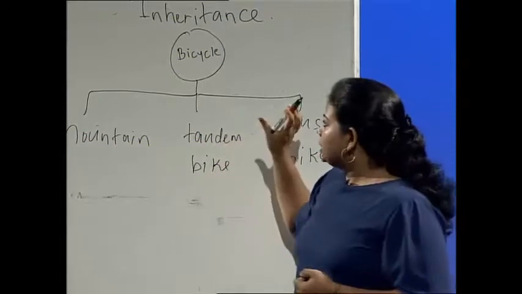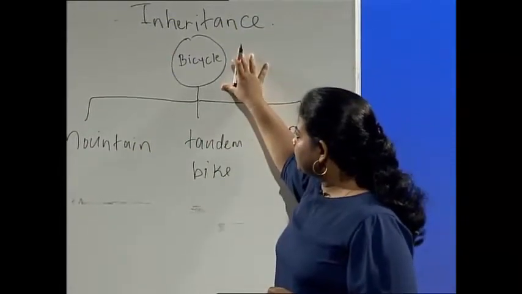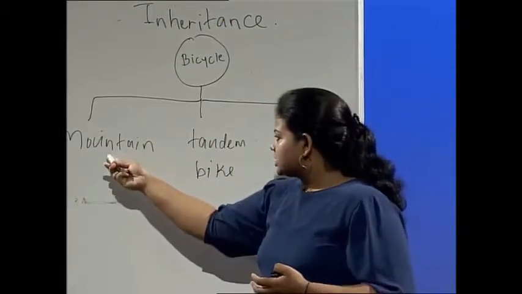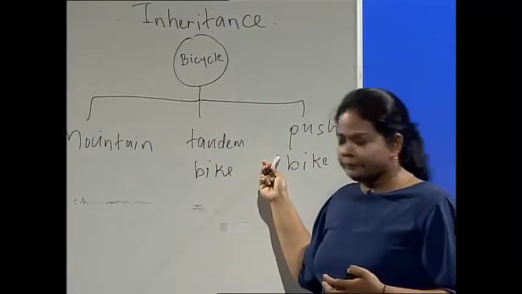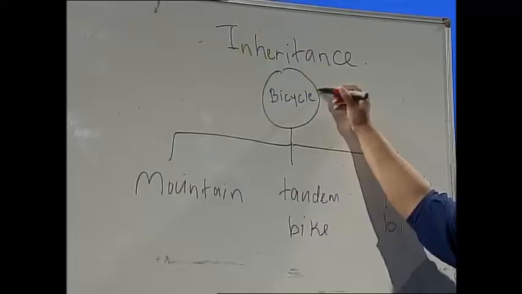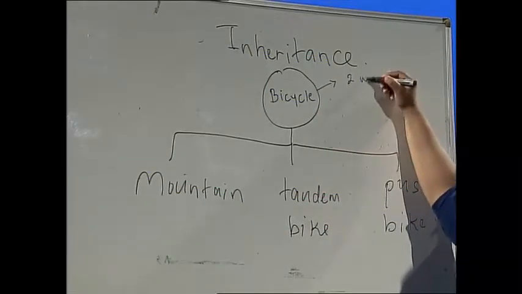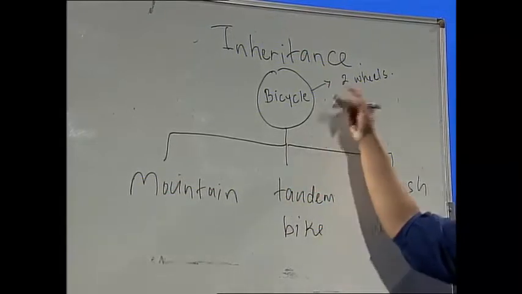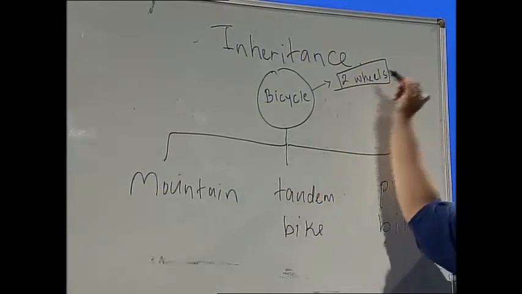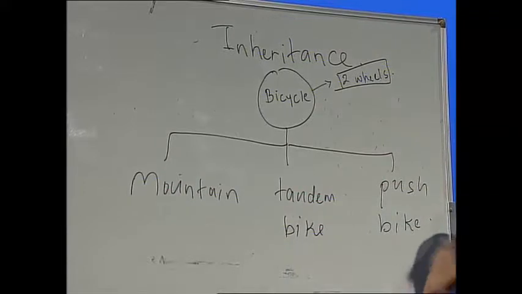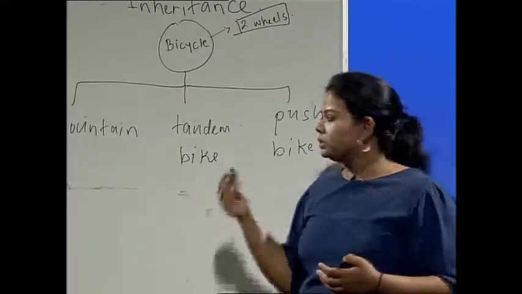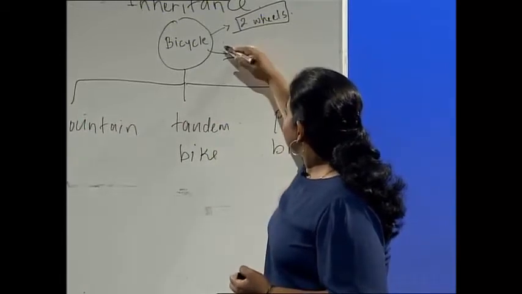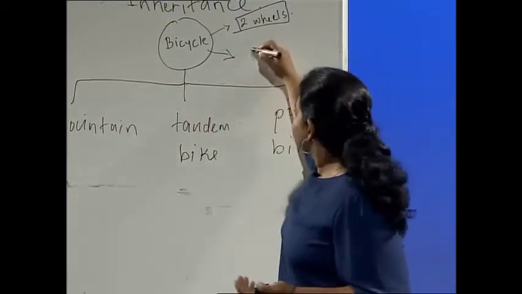Now imagine a bicycle will have basic properties that a child class will also have. So the bicycle, say, will have 2 wheels. Likewise, this could be the properties, like the ones which we discussed before. This will be the 2 wheels, and the method could be cycling.